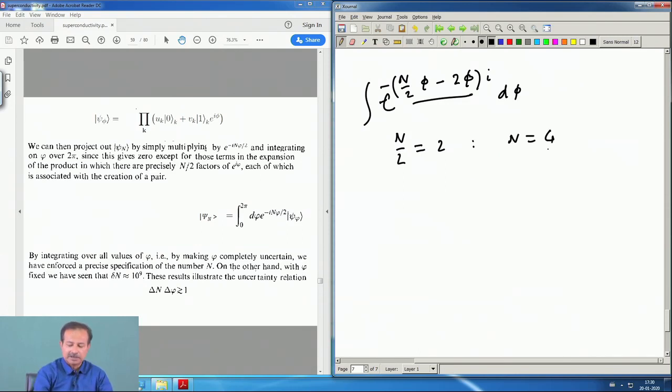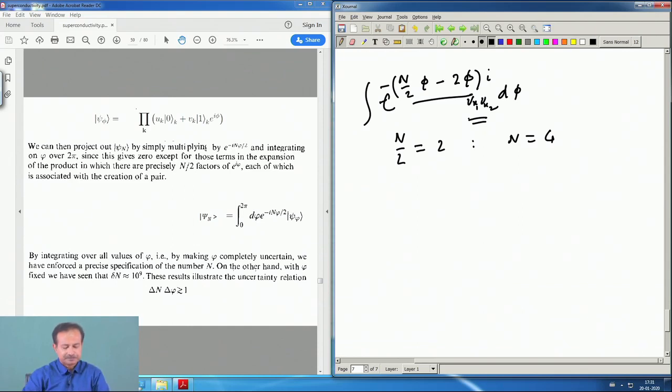So by just choosing the corresponding n, I can find that part of the wave function, Vk1 into Vk2 with e to the power twice i phi, and I just pick out that part out of the entire set, which is a linear combination of all n by 2 possible pairs. I can just pick out the one I want by choosing the corresponding n.